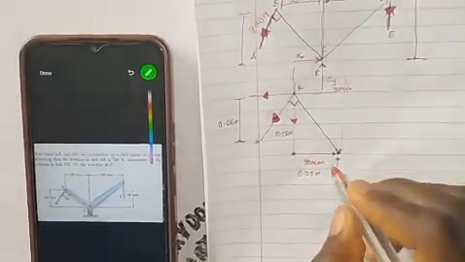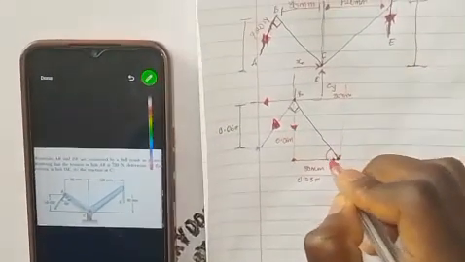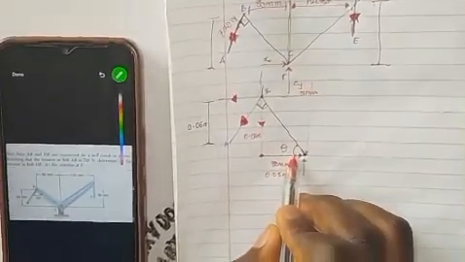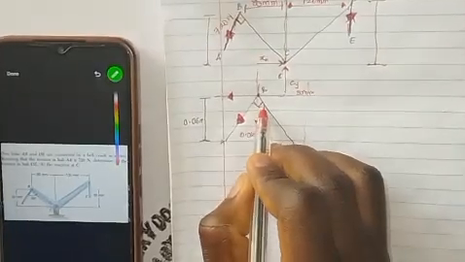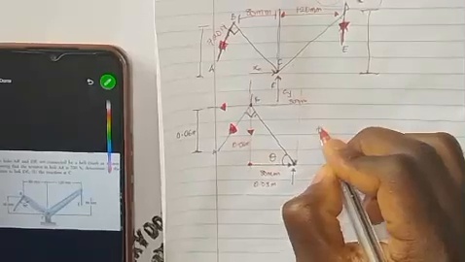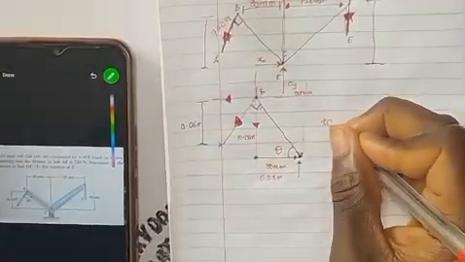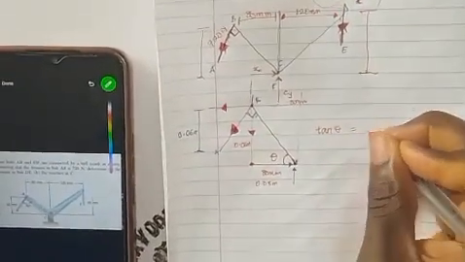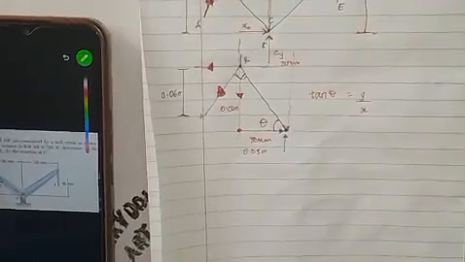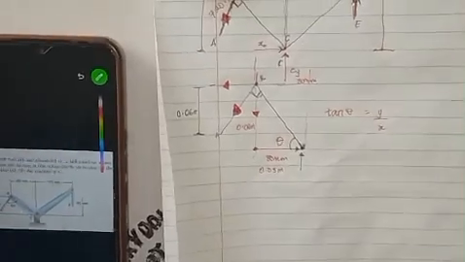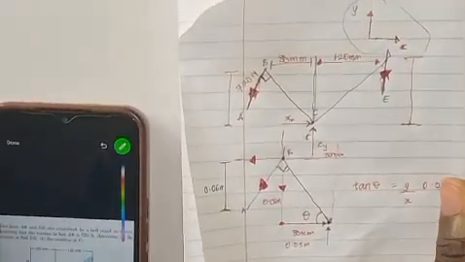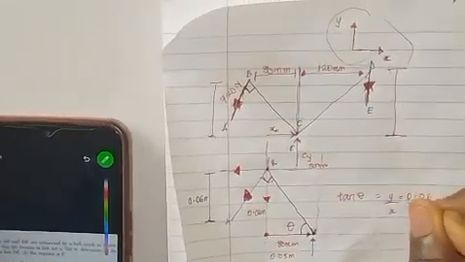So in this case, let's call the angle here theta. We can actually calculate this angle theta to be able to resolve this. So from here we know our tan theta is equal to y over x. This is your y, this is your x. So this will be 0.06 over 0.08.